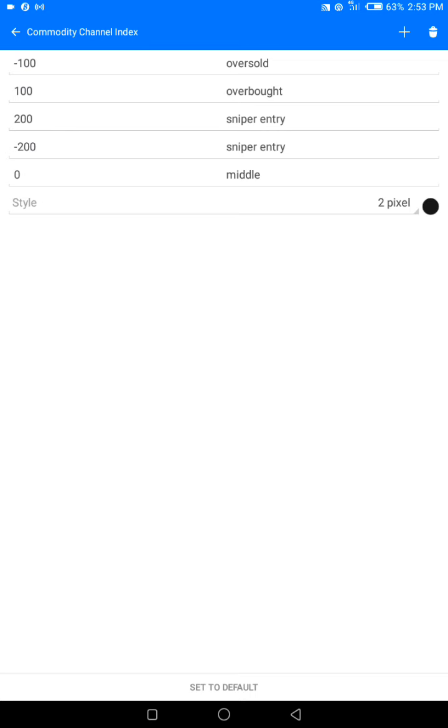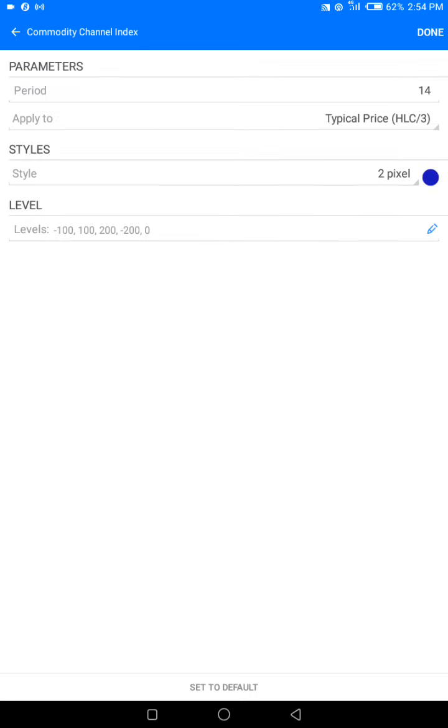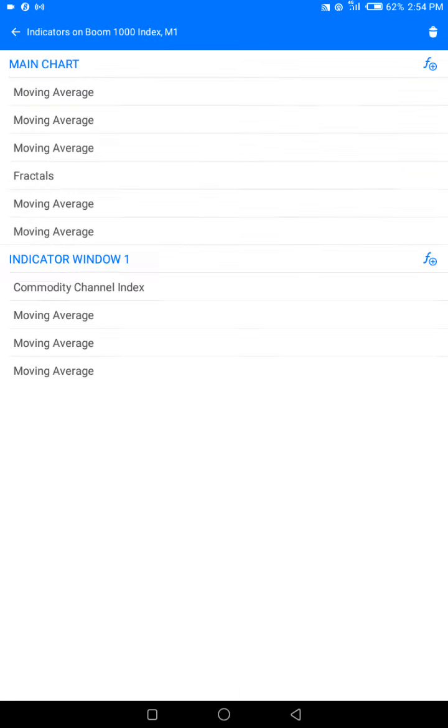If you are taking 10 candlesticks at the 200 level, whenever the price gets to that 200 level, you can take 10 candlesticks successfully. Then at the -200 level, if you are buying Crash 1000, this is where to take your sniper entry. When the price gets there, just expect a massive spike. You click done and we are good to go.